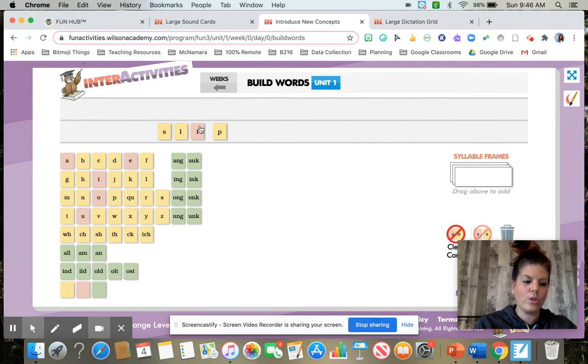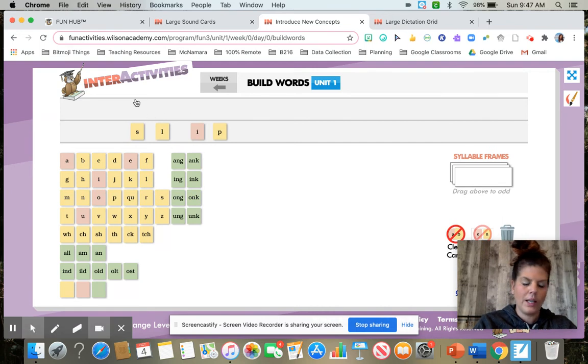Now, when there are 2 or more consonants together, each makes its own sound. Do you guys remember what we call that when there's 2 consonants together and they keep their own sounds? It's a blend. So these sounds can be pulled apart. S, l, i, p, slip.